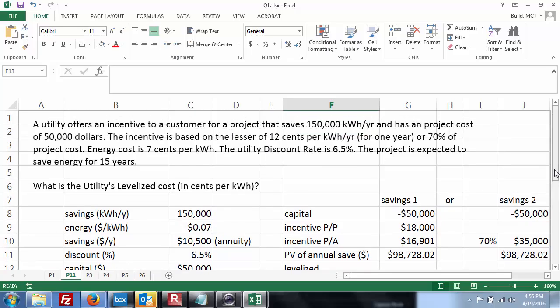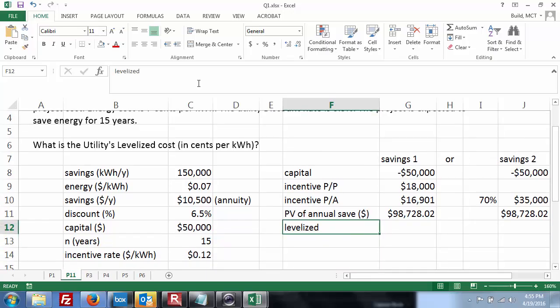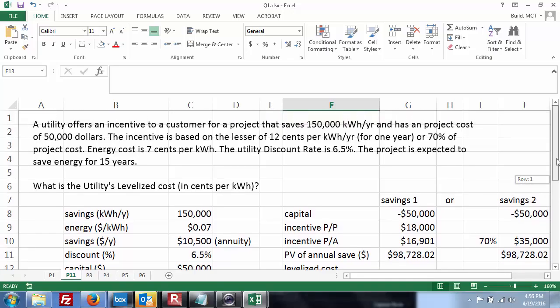Who's paying the 50K up front? It's not clear. It's just the whole shebang, maybe. Let's see. Trying to make sure the things that are negative are in fact negative.